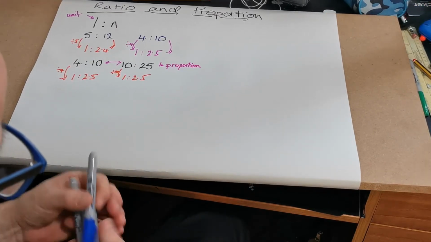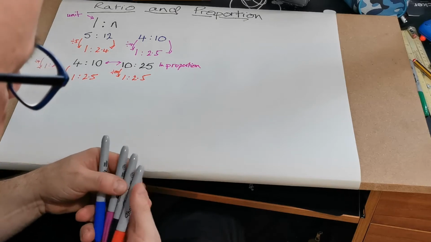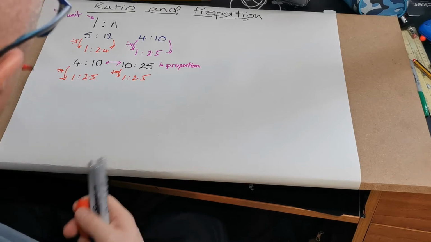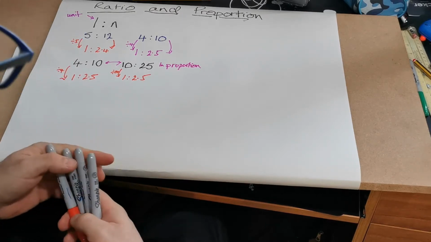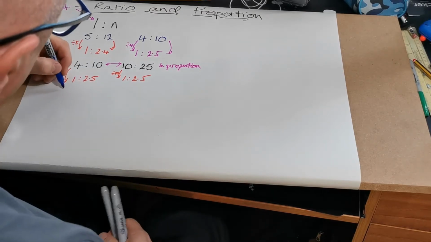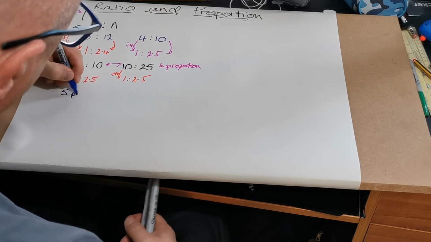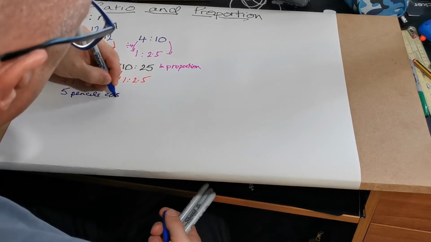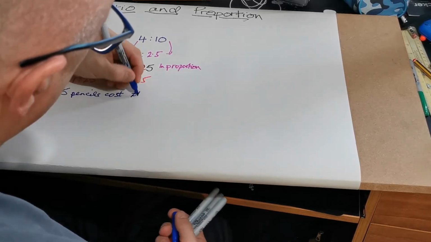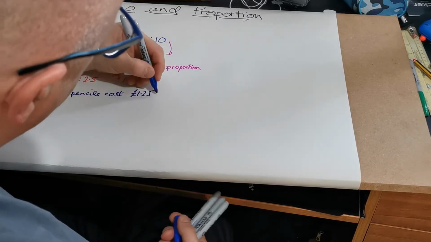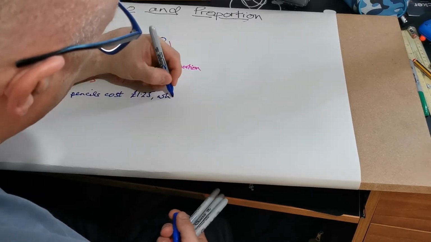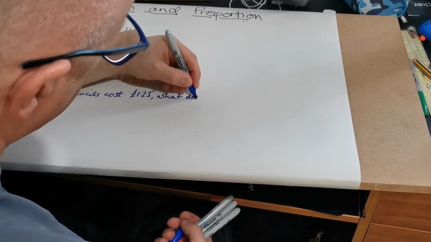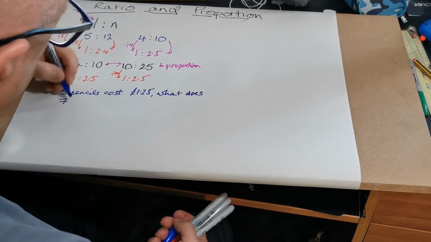Now, proportion questions are quite interesting, and an example of a direct proportion question would be something like if 5 pencils cost £1.25, what does 7 pencils cost?